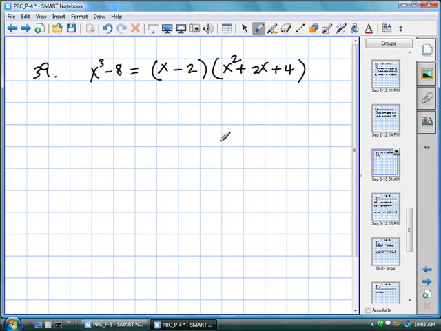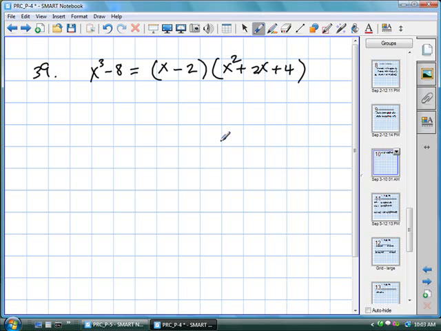Remember how that works? To be a perfect square trinomial, you take the root of that, that's x and 2, multiply to get 2x and double it. And that middle term is just not high enough. Otherwise, it almost looks like we have a perfect square, but you don't. So that's it. What's another one?